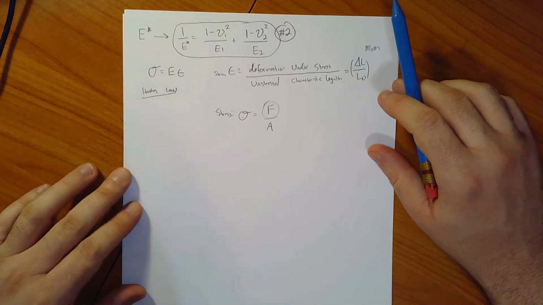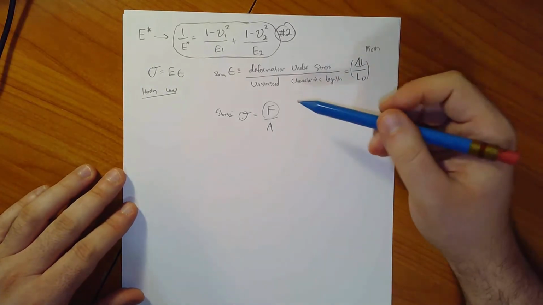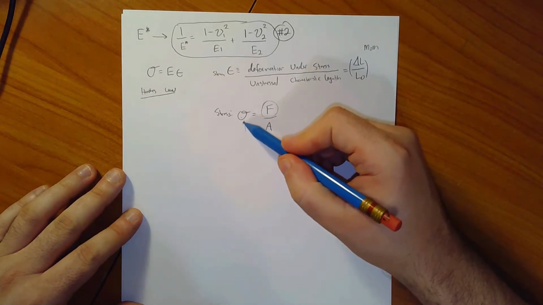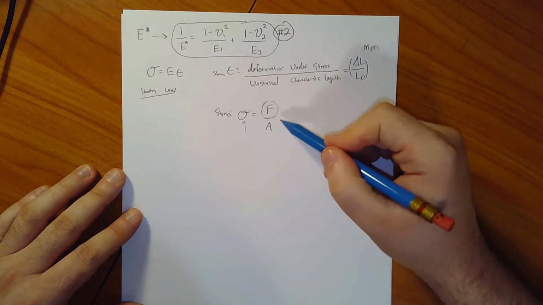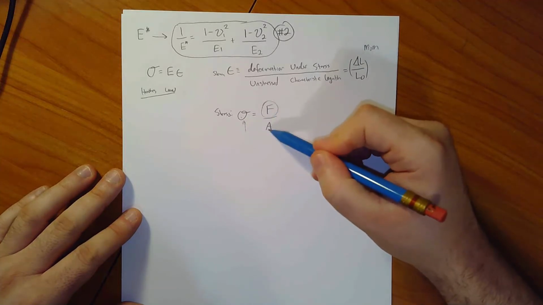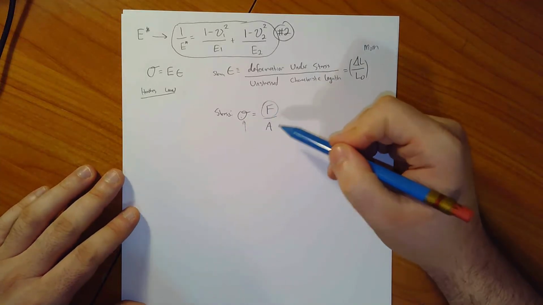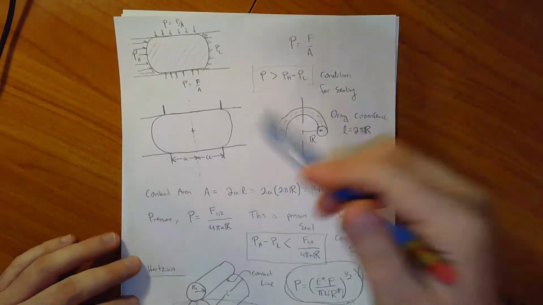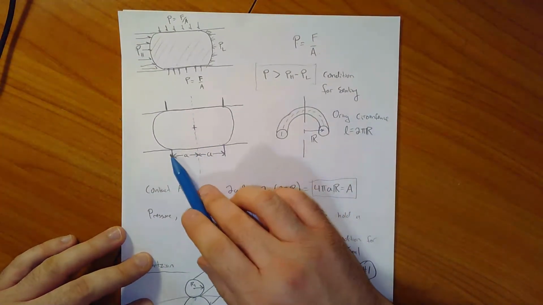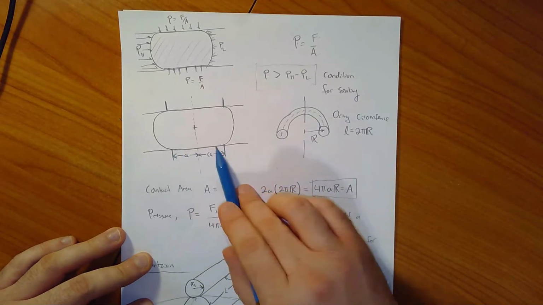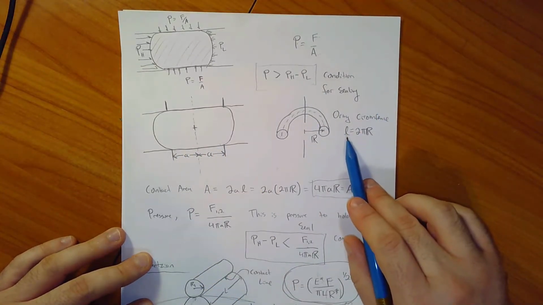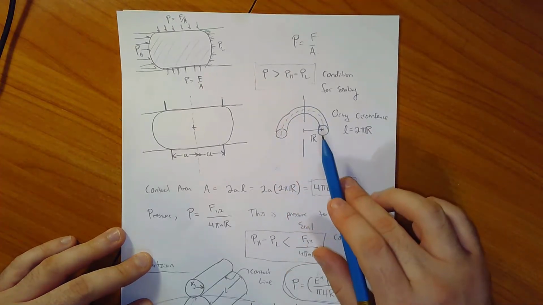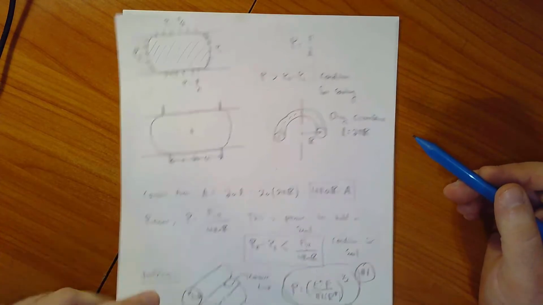Okay, so if I'm interested in quantifying this stress, I need to figure out an expression for the force, and an expression for the area. If you remember our original discussion, what the O-ring does is deform, and this contact area multiplied by the circumference of the inner axis of the O-ring gives us the total contact area.